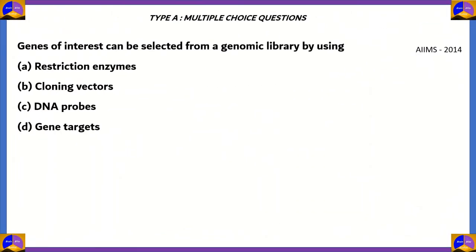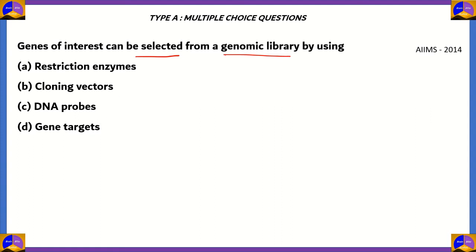So let's look at this question. Genes of interest can be selected from a genomic library by using A, restriction enzymes, B, cloning vectors, C, DNA probes, D, genetic targets.